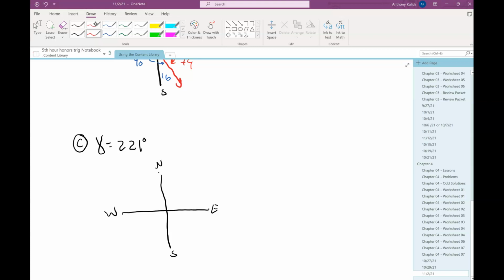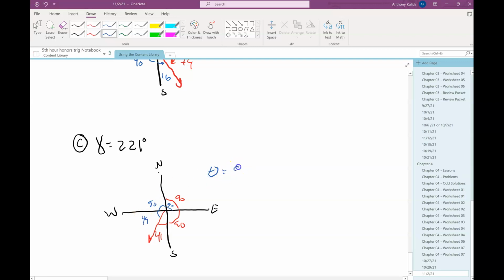Okay. So next one, we have gamma equals 221. So let's see, we have 90, 180, and then 41 more. That'll get us to 221. And then for my standard position, I go 90, 90, and then how much more? 49 more.